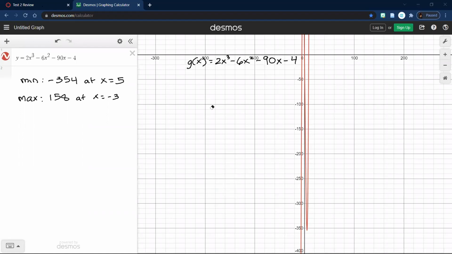So our graph essentially goes like this. Of these 2 points, which one is our minimum and which one's our maximum? To differentiate, I'll make one blue. So which one's our minimum, the red or blue?